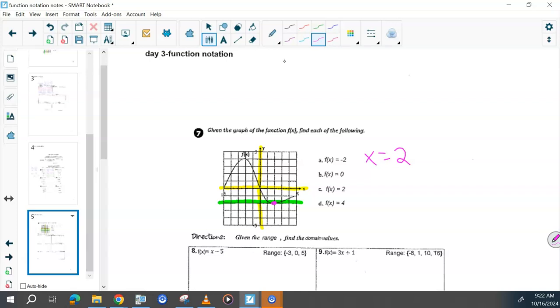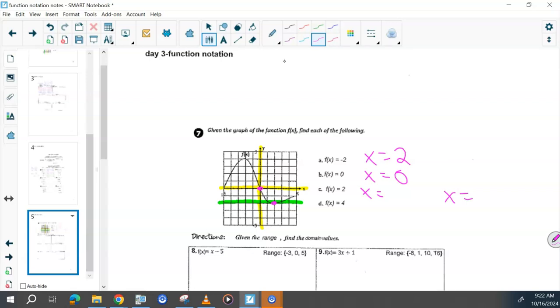Okay. For f of x equals 0, what is your x value there? 0. When y is 2, what is your x value? This one has 2 answers. Give me one of them. So -1.5 would be like right here.